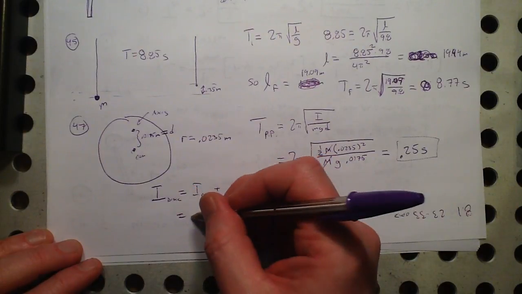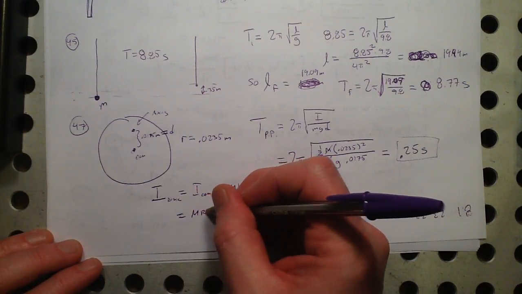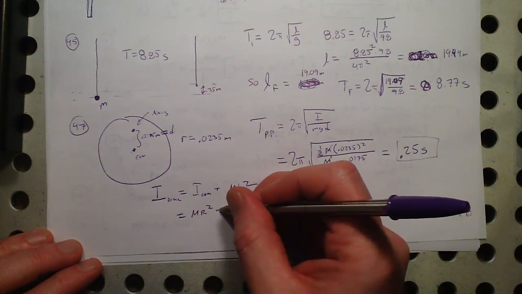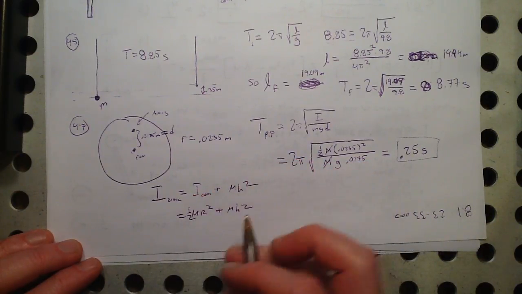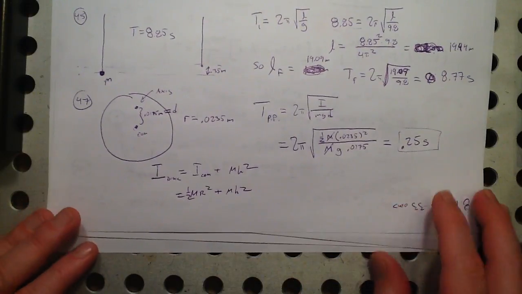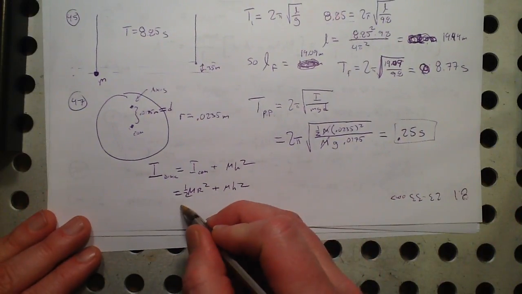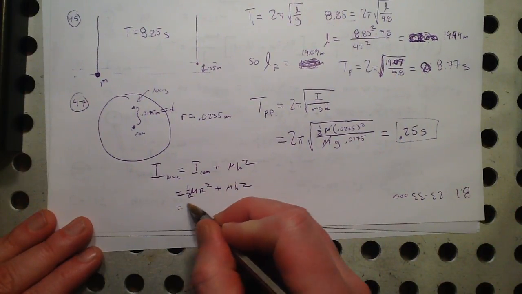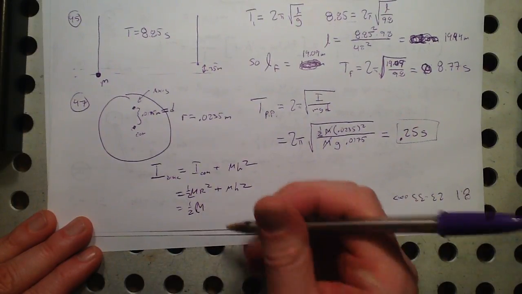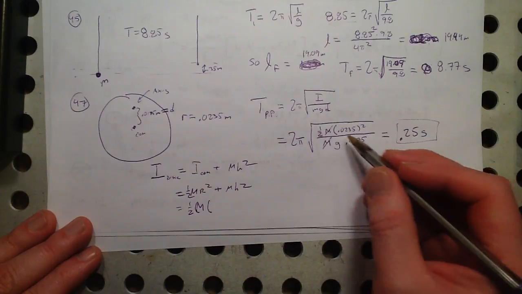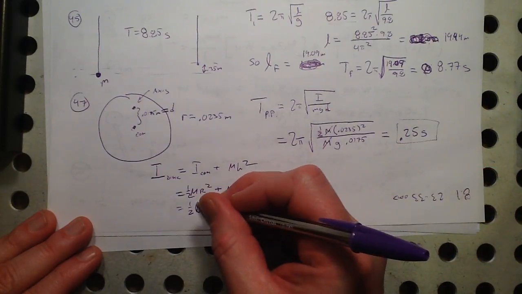So this is 1/2 m r squared, that's for a disk about the center of mass, plus m h squared. So that's 1/2 times the mass of the disk, an m, times r squared.